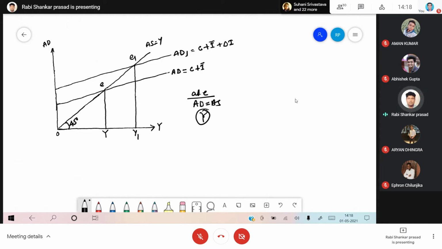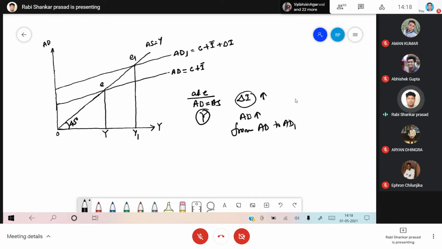You have to start from here. Since there is an increase in delta I amount of investment, aggregate demand will increase from AD to AD1.